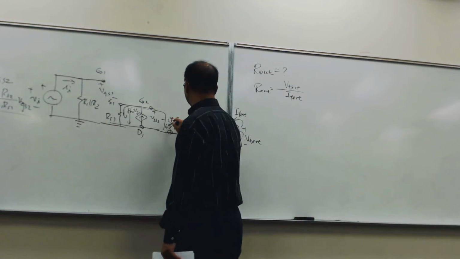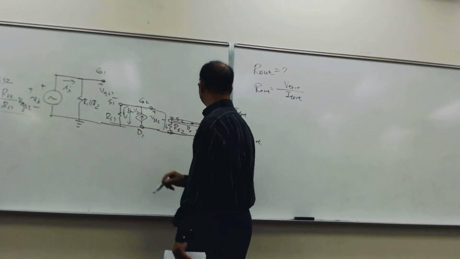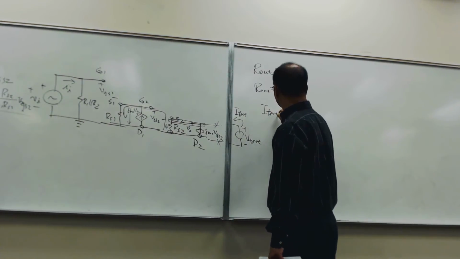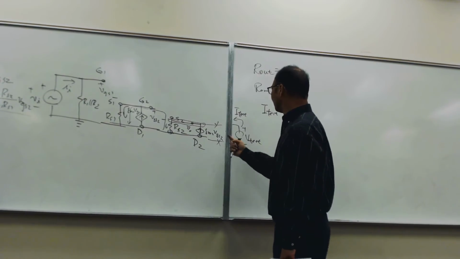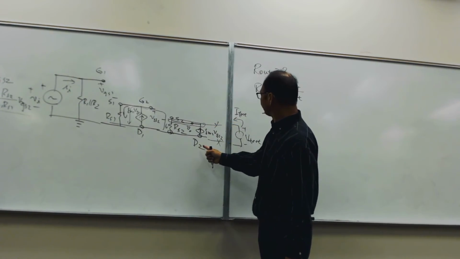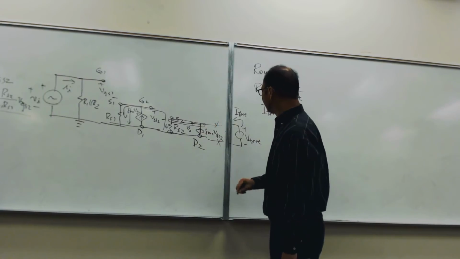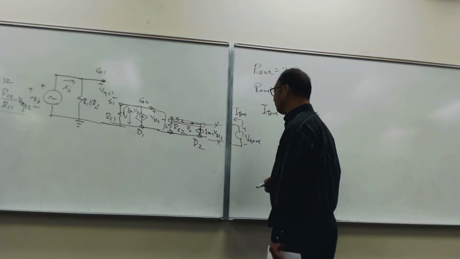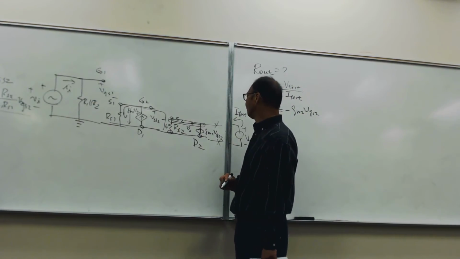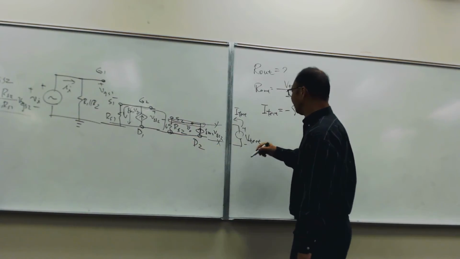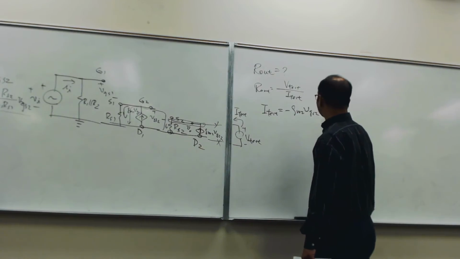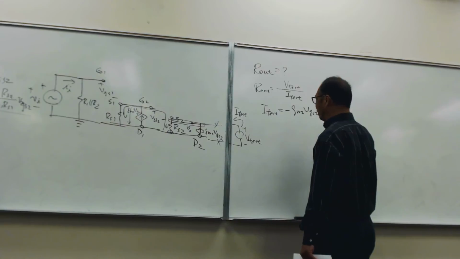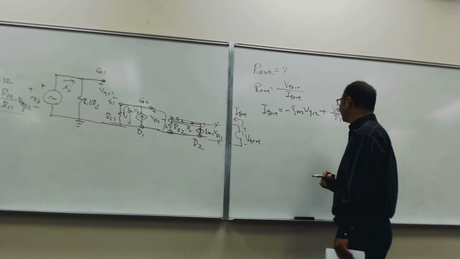Okay, so here you can see this is a node, correct? So current I-test equal to what? Yes? Minus GM2 VGS2, right? And then this one is leaving, right? Plus V-test over RS2.